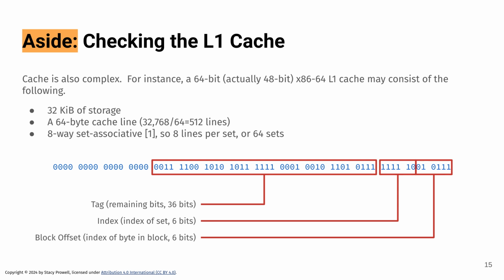This tells me which one of the sets to look in. And then the remaining giant block of bits there are the tag. The 36 bits I will look for in that set, and if I find it, I will have found the thing I want. I'll have found the string of 64 bytes, and I'm good. I have a cache hit.